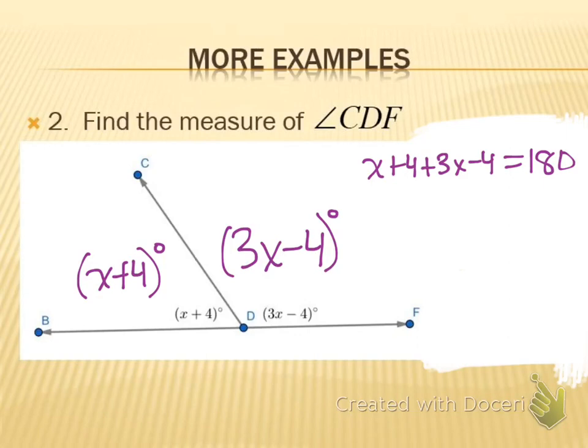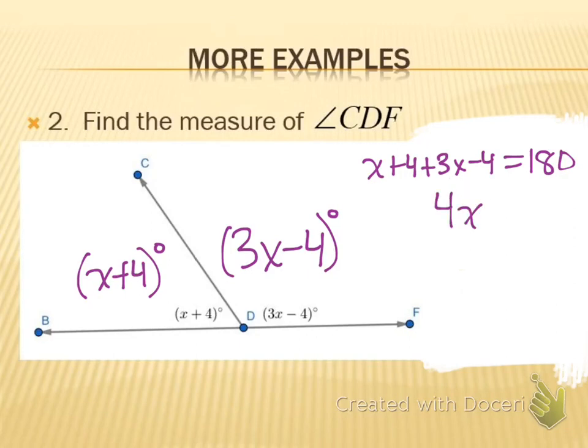Okay, we have to link together a lot of pieces to be able to set that up. We have to recognize it's a linear pair, know that linear pairs are supplementary, know that supplementary means they add to 180. It's a lot to remember. But then from here, it's just algebra. Combining like terms means that I have 4x.